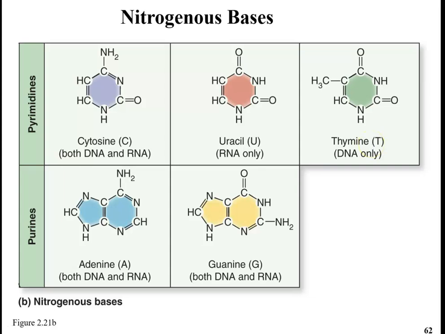You don't have to memorize these structures, but I do want you to be able to tell a single ring structure from a double ring structure and tell me, is it a pyrimidine or a purine? I also want you to be able to name all of the nitrogenous bases, which other bases they bond with, and tell me the difference between uracil and thymine as far as which one's in RNA and which one is in DNA.